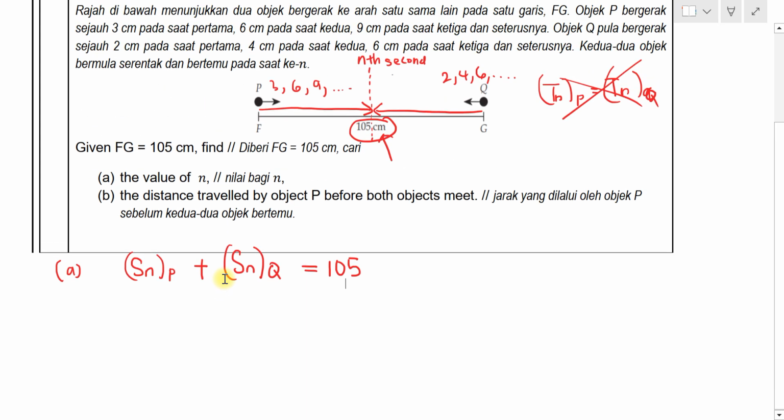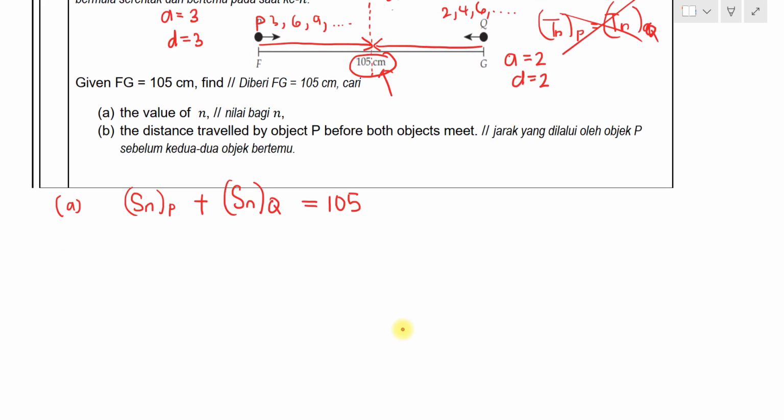For particle P, the a is 3 and the d is also 3. For particle Q, the a is 2 and the d is 4 minus 2, also 2. So let's calculate this.